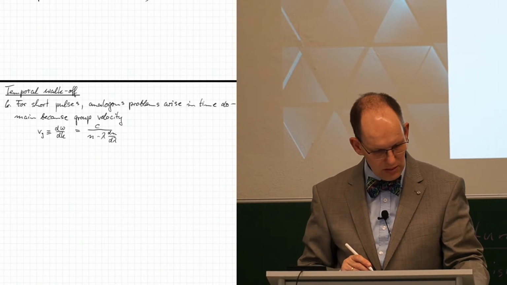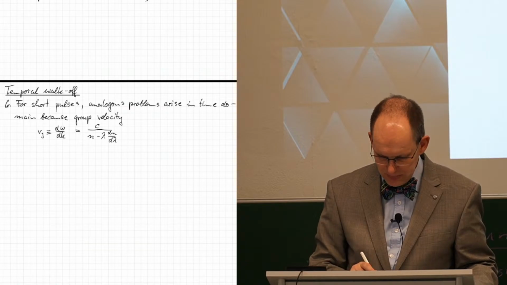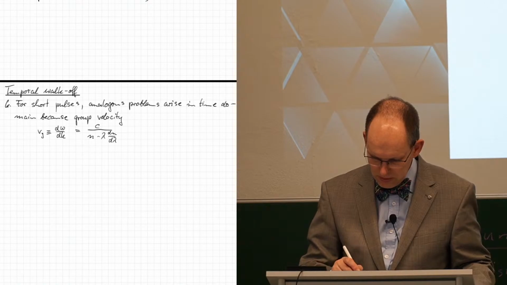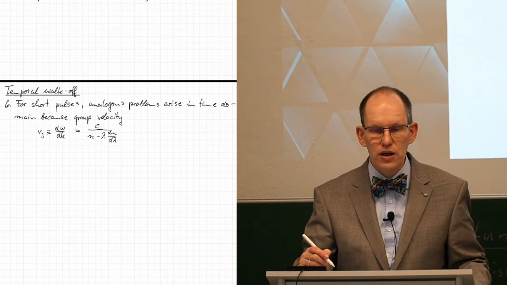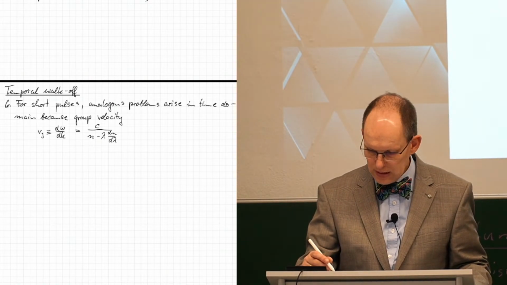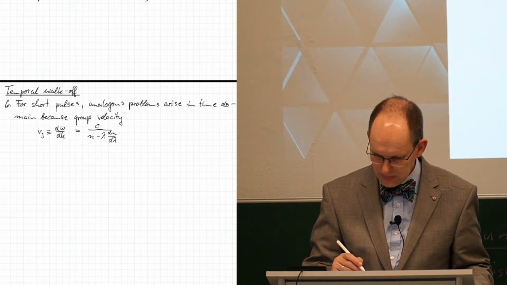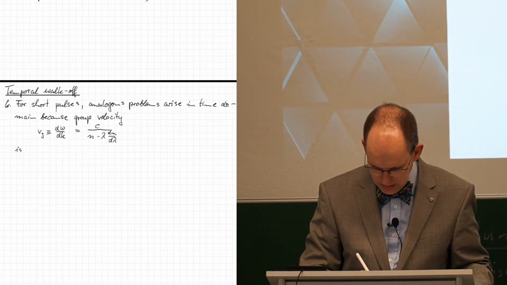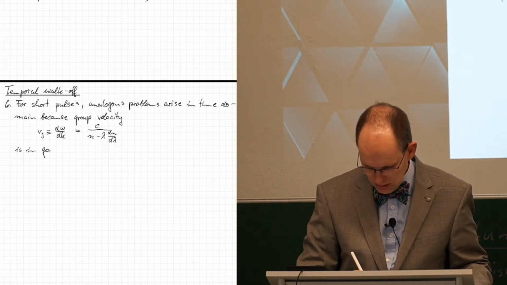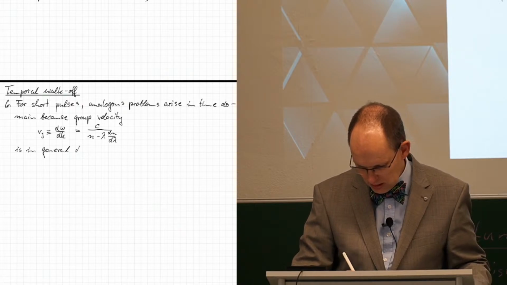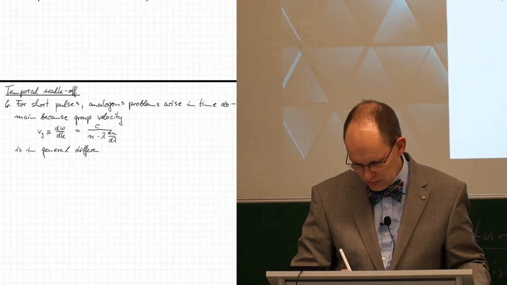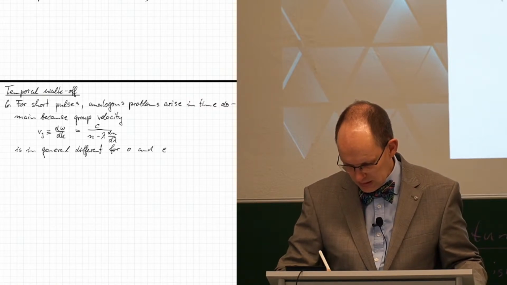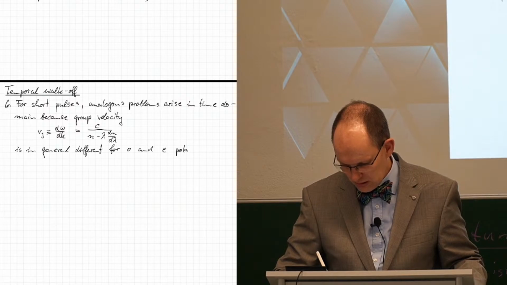I think this is the correct formula. So the group velocity will be different for the ordinary and for the extraordinary polarization. It is in general different for ordinary and extraordinary polarization.